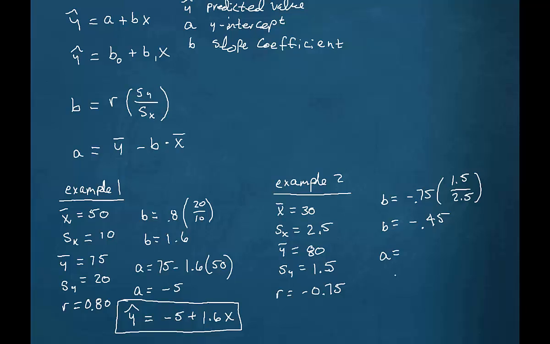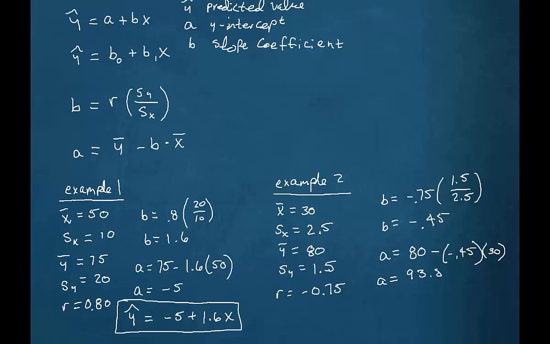The y-intercept, a, will be calculated starting with the mean for the y values, 80, and then subtracting from that b, which was minus 0.45, times the mean of the x values, 30. And a then turns out to be 93.5.